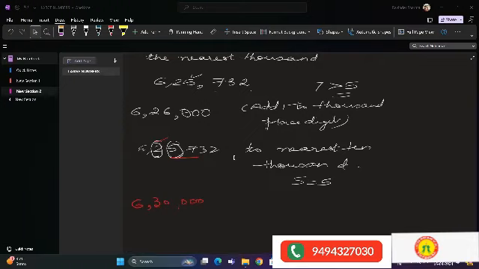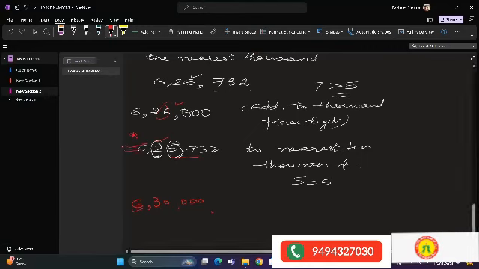Ma'am, in the first example, you wrote 6,26,000? Yes, because we have rounded off to the 1000 place digit. And in the second one, I have written 6,30,000, where we round off to the 10,000 place digit. Okay, Advait?